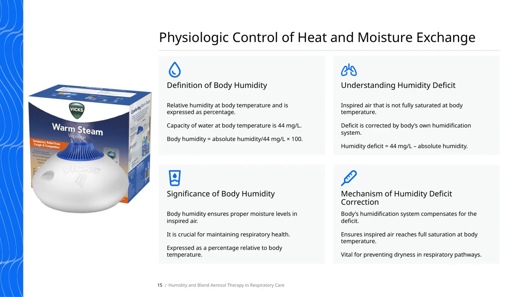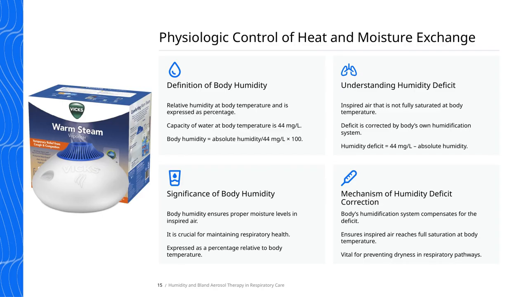Essentially, our body's humidity maintains proper moisture levels in the air we breathe in, which is essential for maintaining healthy respiratory function. We often express this humidity as a percentage relative to body temperature, with 44 milligrams per liter being the maximum water capacity at that temperature. When inspired air isn't fully saturated, the body automatically corrects this deficit through its humidification mechanisms.